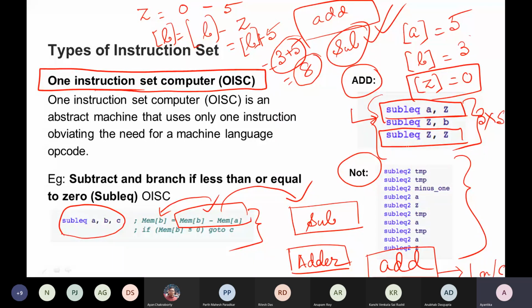So why am I telling all these examples? To make you understand that whatever platform you choose, whatever instructions that platform supports, controls what performance you will get, and not only performance, but also throughput, power, etc. Everything will be governed by that.